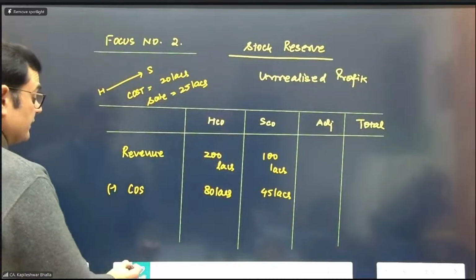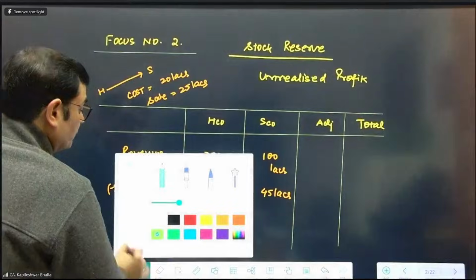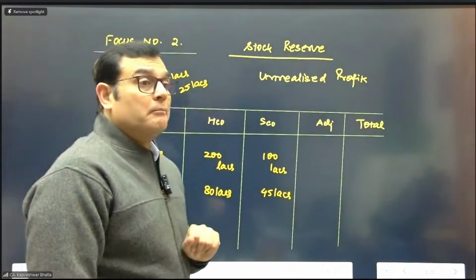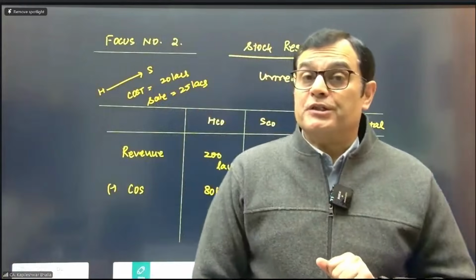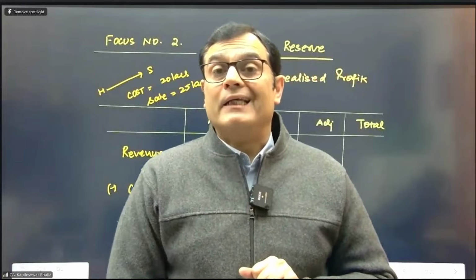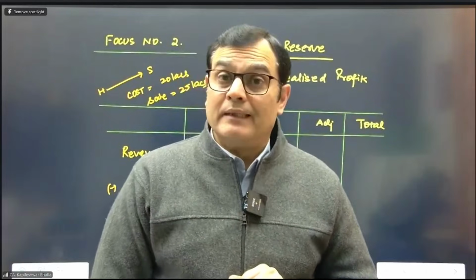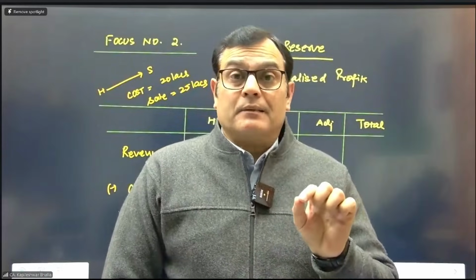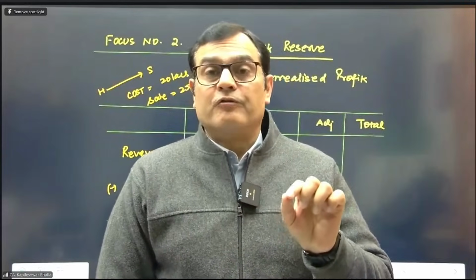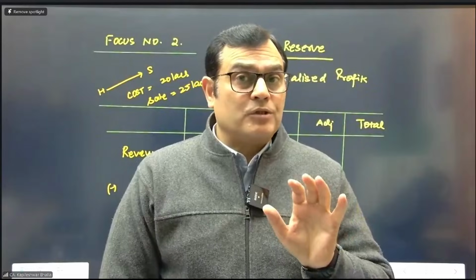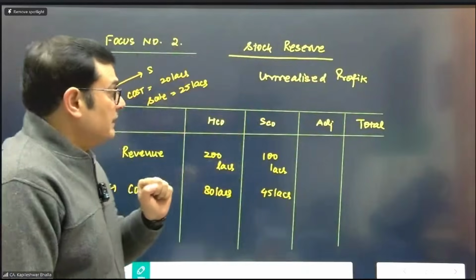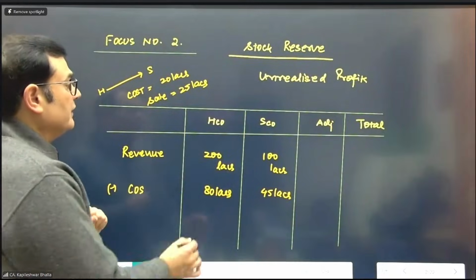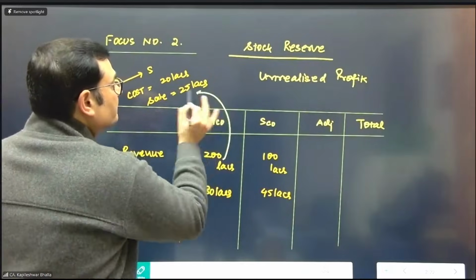Now, at the first instance, what am I supposed to do? I will eliminate the intercompany sale and purchase from both the revenue and the cost of sale. Mind the words carefully. If the parent company made a sale of 25 lakhs, this is including this 25 lakhs.